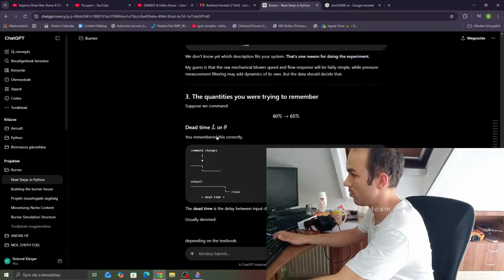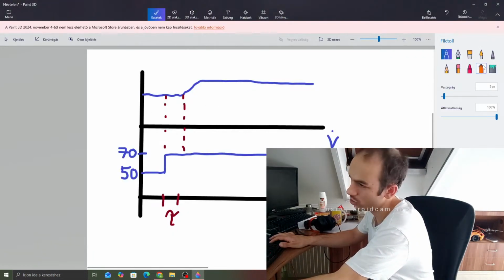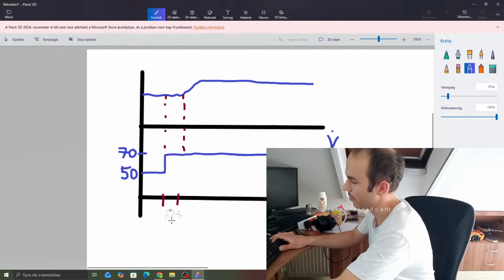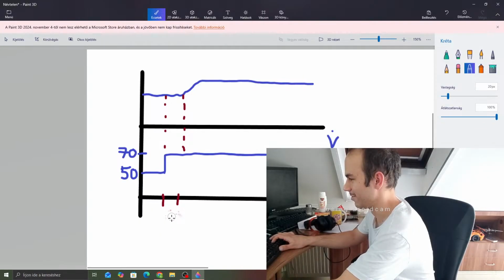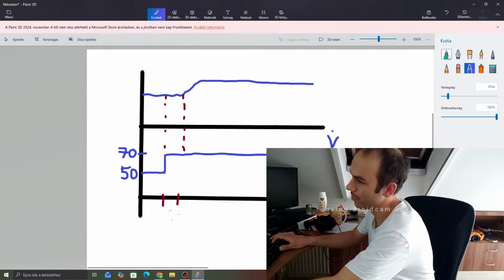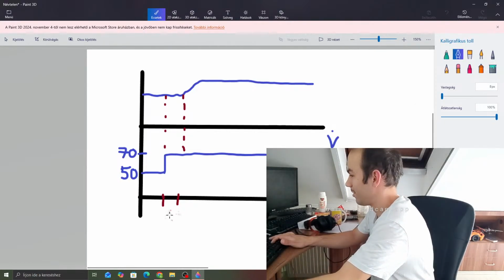Oh, sorry, this is not tau. I'm changing it. This is called the L or theta. I don't know how they call this.